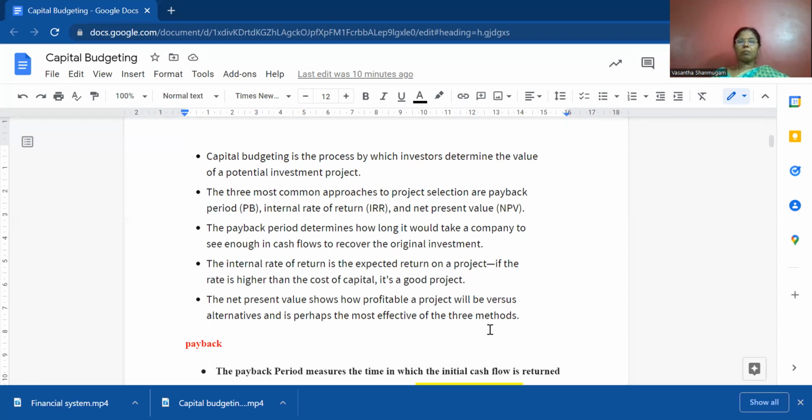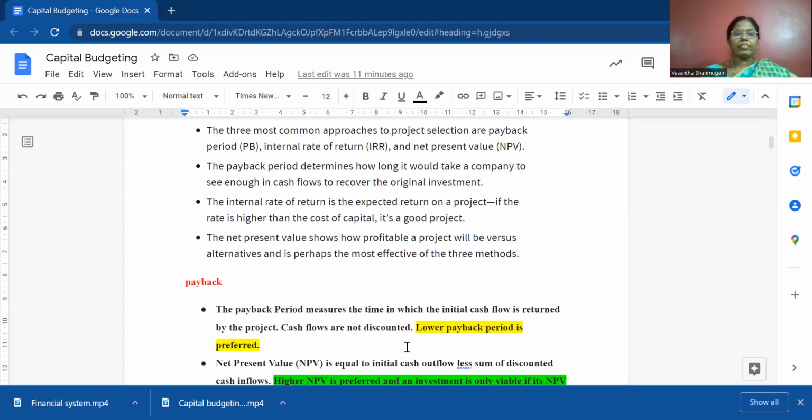As far as project A is concerned, it takes longer to generate the return of the 50 lakhs they have invested. So according to this method, a project which is able to get back its investment within the shortest payback period can be accepted. So this is about the payback period method.